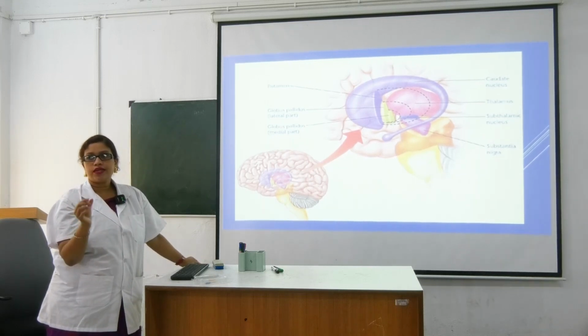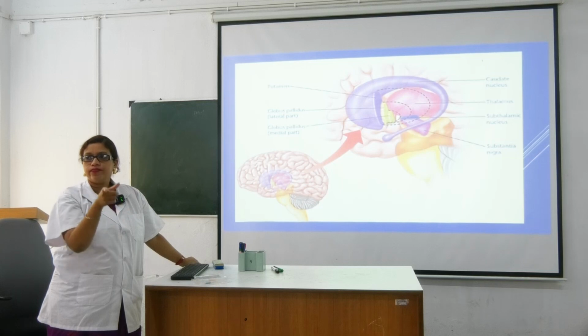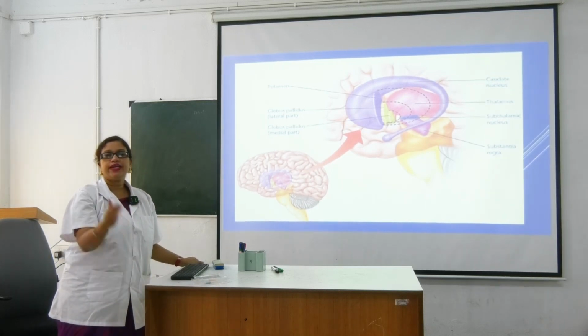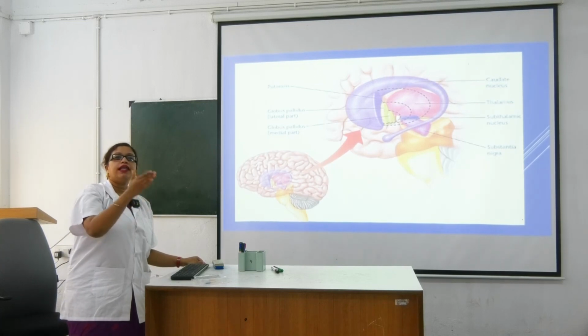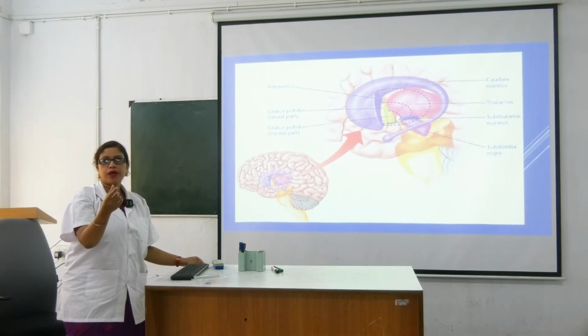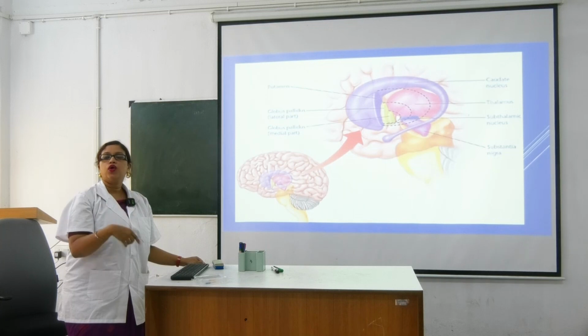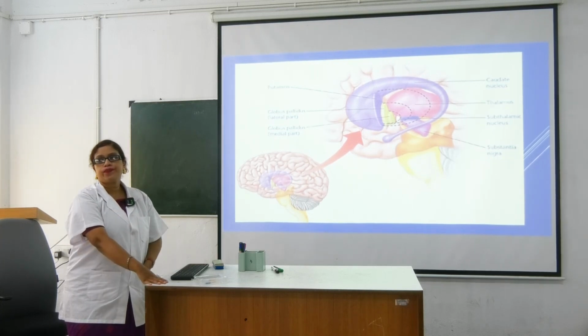So that's why, for the internal capsule, tell me the relations. The internal capsule has three parts: the anterior limb, the genu, and the posterior limb. What is the relation of the anterior limb? Medially there will be the caudate nucleus, laterally the globus pallidus and putamen. What about the genu? Only the thalamus on the lateral side. What about the posterior limb?